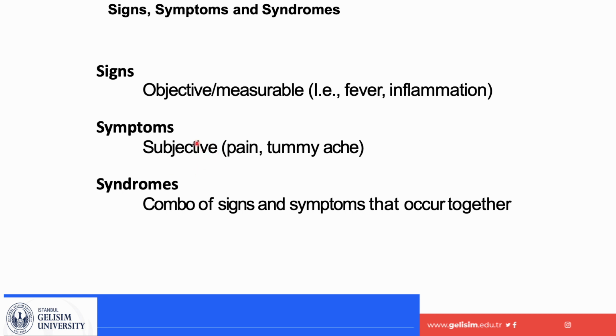Whatever you as a healthcare professional are able to observe and measure, those are signs. So objective and subjective. Objective things, you can measure them. Subjective things, you can't really measure them, and they're referred to as symptoms. Objective things that you can measure are the signs. Syndromes would be a combination of both signs and symptoms that are occurring together.